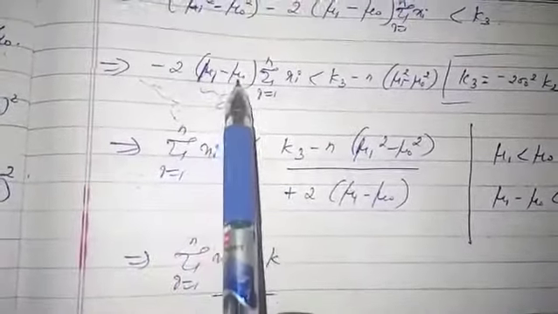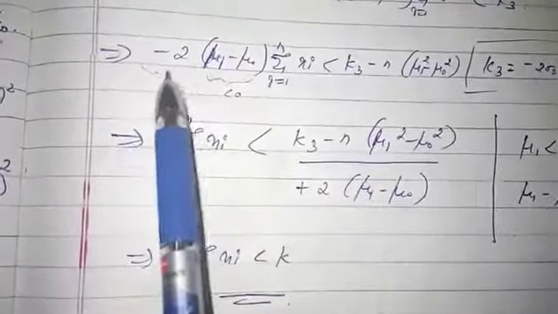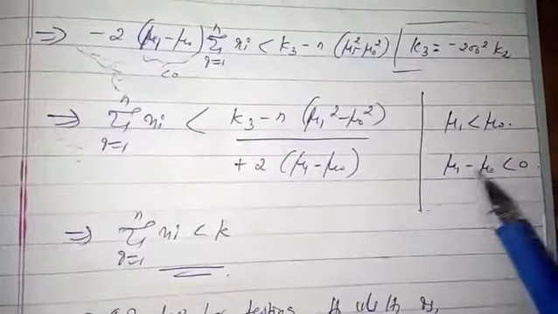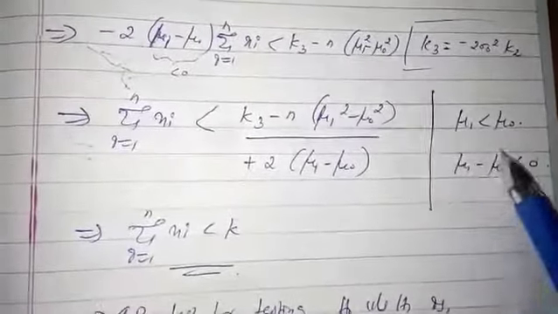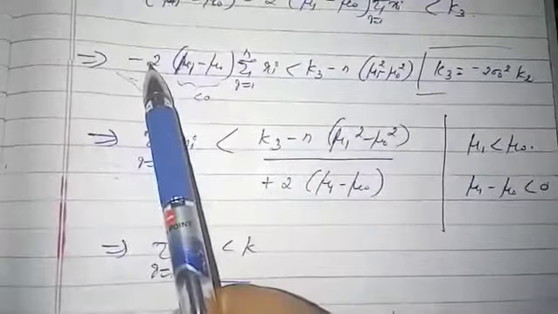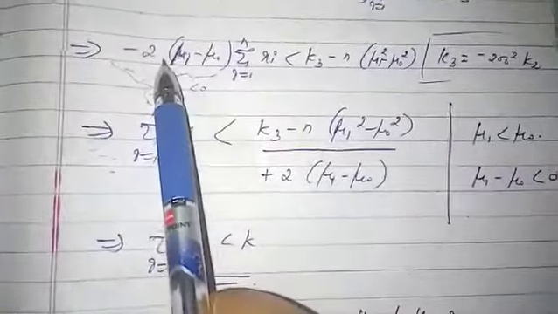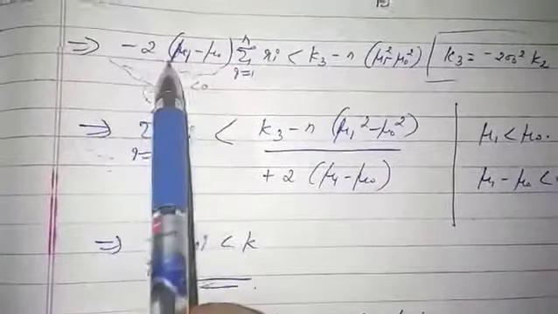For that we have to divide by minus 2 into mu1 minus mu naught. We know that mu1 is less than mu naught, which means mu1 minus mu naught is less than 0, so this is a negative term. Negative into negative is positive, so we divide by this positive term.